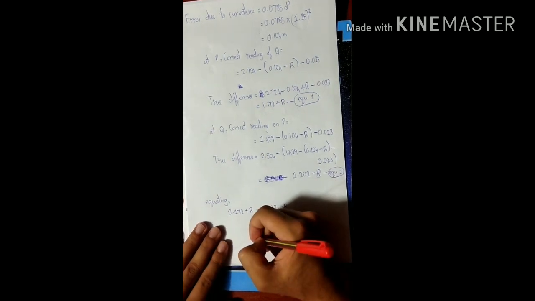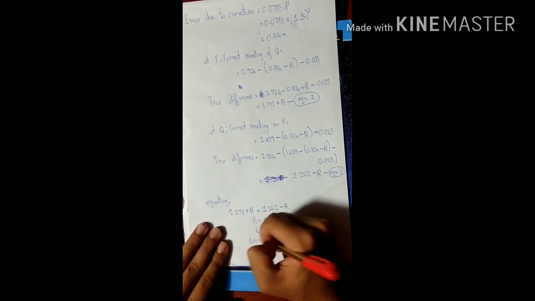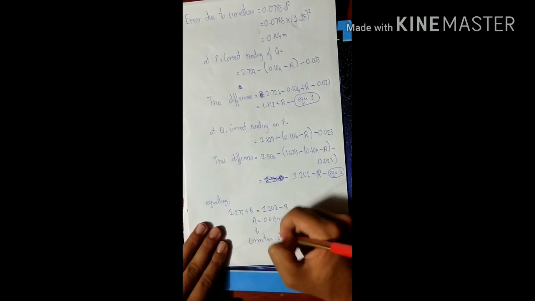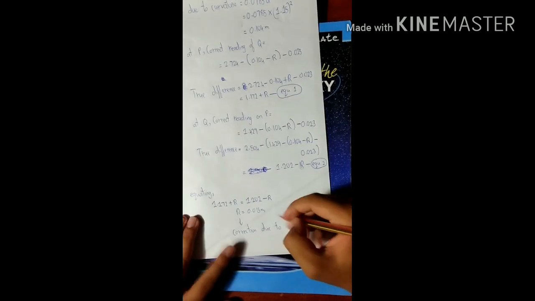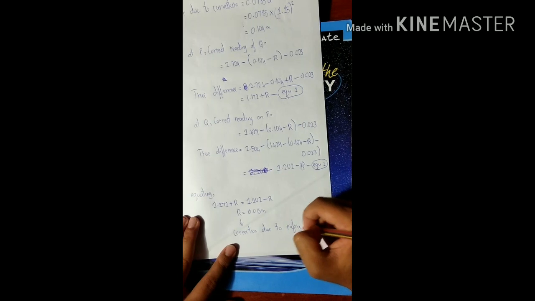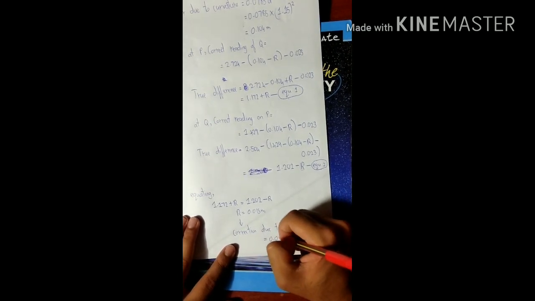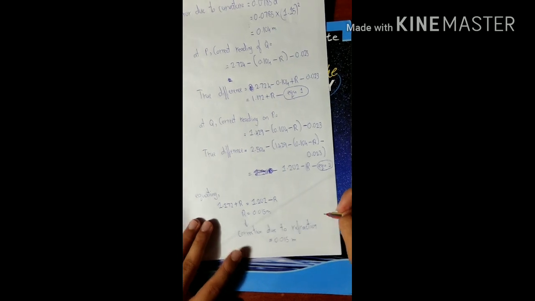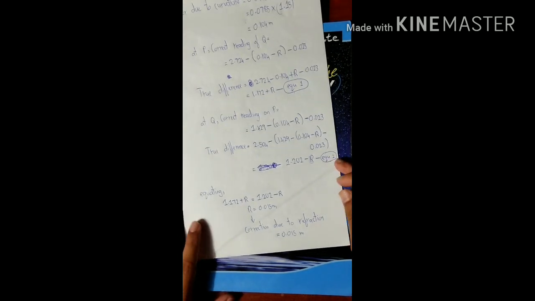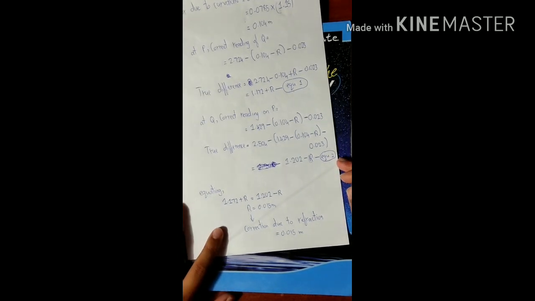This is the correction due to refraction, which is equal to 0.015 meters. This problem is done. I hope you guys understood it. Now let's move further.